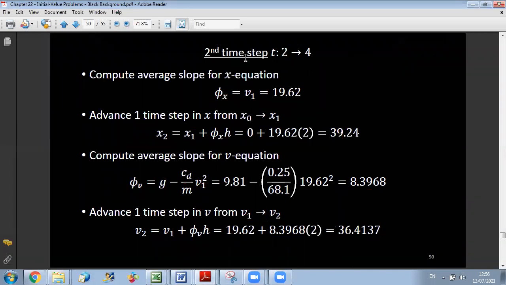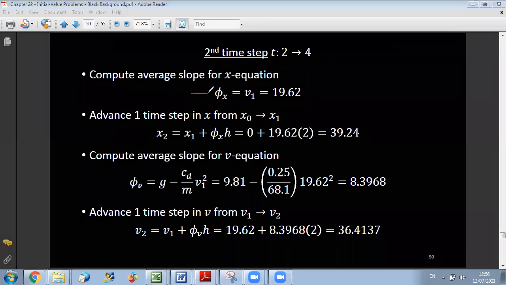For the next step, again, you repeat the same procedure. I start with my first equation. I should compute dx by dt, where now my interval is 1 to 2. If I use Euler, then the slope I will use is the one at point 1, which is v1. So phi x equals v1 equals 19.62.